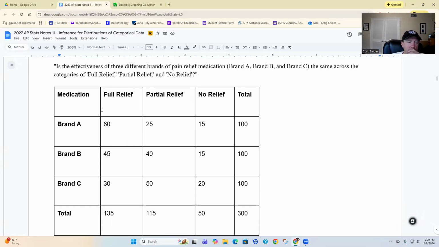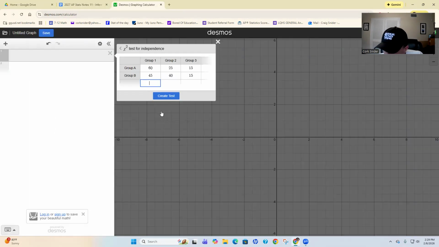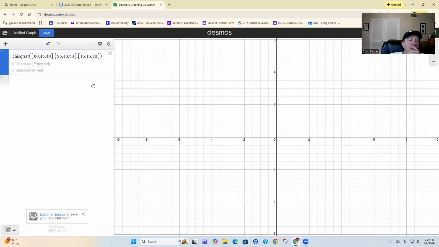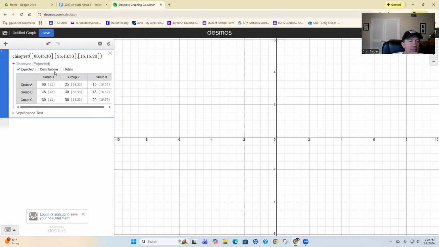And the last one is 30, 50, 20. Okay, create test. Let's get the expected data, the contributions, totals.